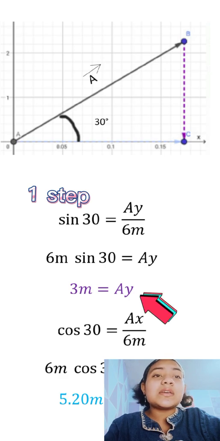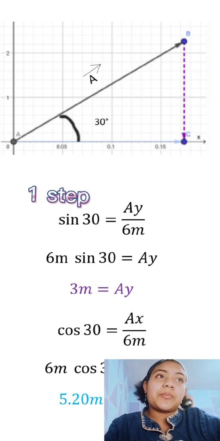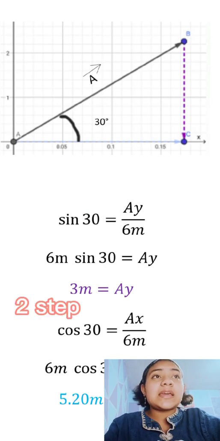The result is 3 meters on the y-axis of vector A. Second step, take the cosine of the same angle, but now we need the adjacent leg, which is AX, and we divide it by the measure of the vector, the same 6 meters, and it is equivalent to 5.20 meters on the x-axis for vector A.